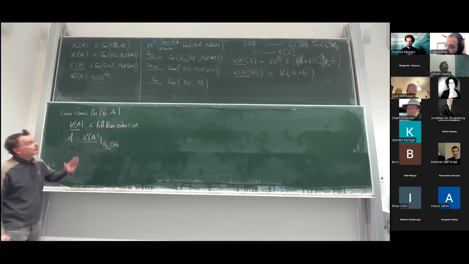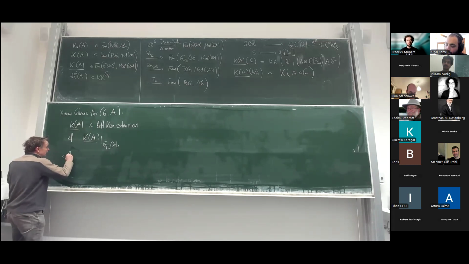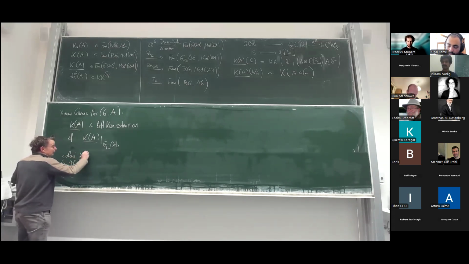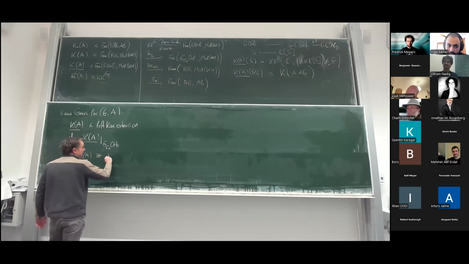And of course, as a consequence, by the pointwise formula of left Kan extension, we get that the colimit over the finite orbit category of this functor is also the cross product.